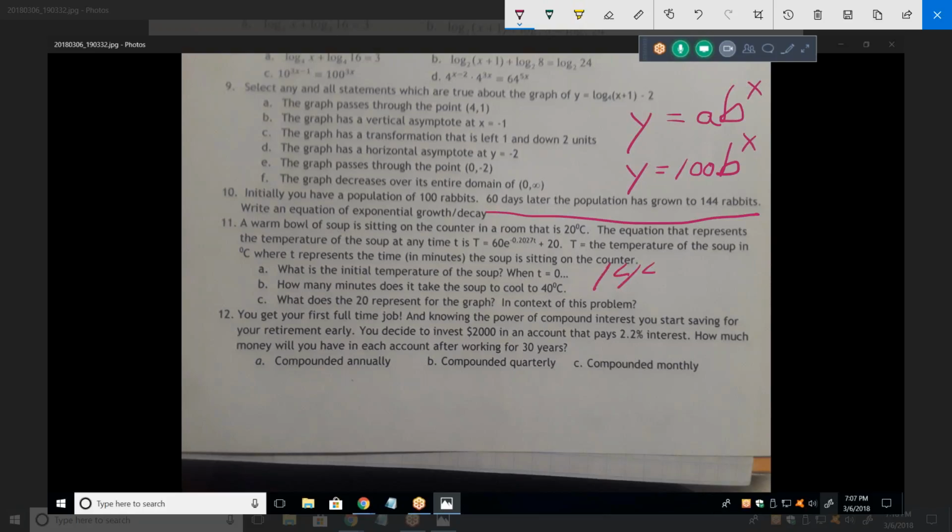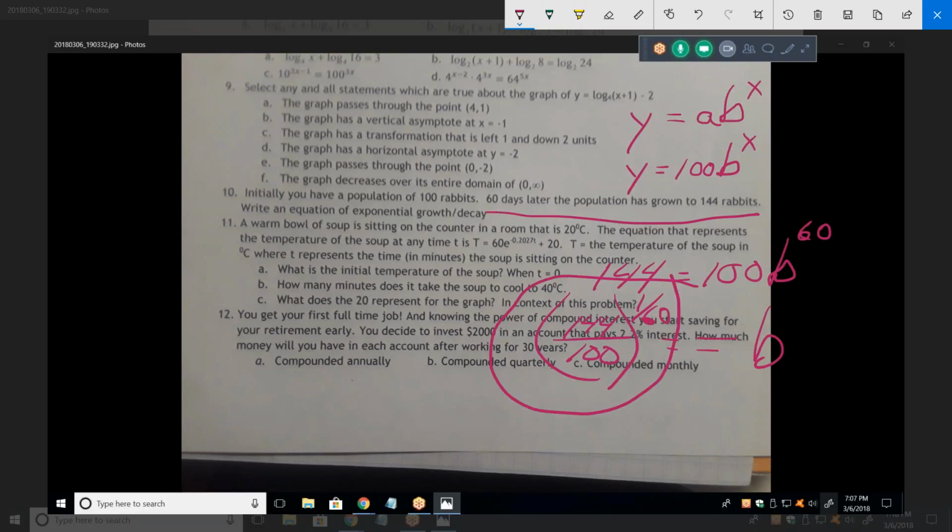So if we plug in the values for X and Y that we know, we'll be able to solve for B. Notice that B becomes the 60th root of 144 divided by 100. Okay. Use your calculator to come up with that.